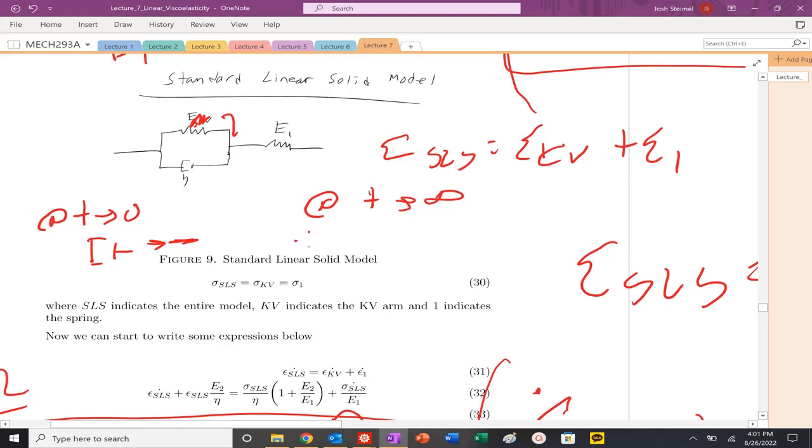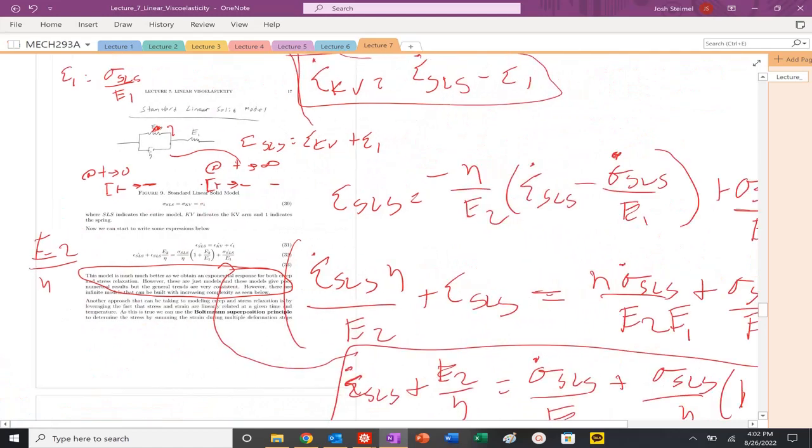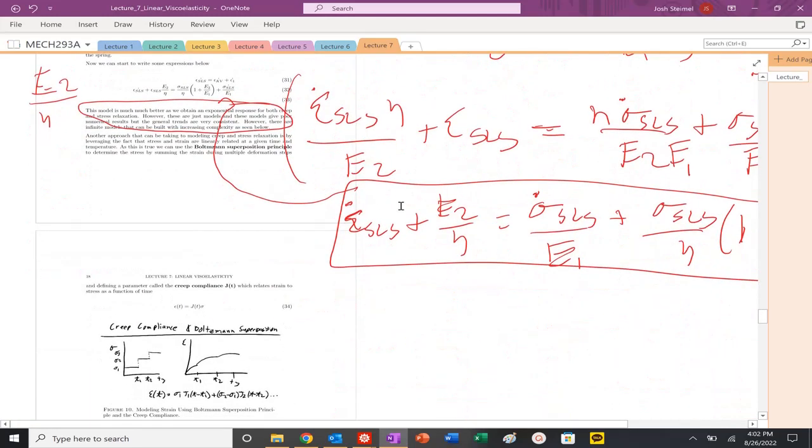So at short times, the dashpot traps that Kelvin-Voigt model and doesn't allow any strain to be felt there, so you're really just going to feel the strain from your E1 spring. At very long times, the dashpot is disconnected, and you'll feel the combination in series of E1 and E2. You can use that to solve, if you're asked to do so, which you will, for that expression. So that's it.